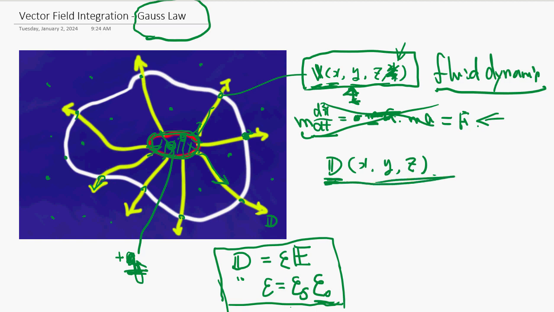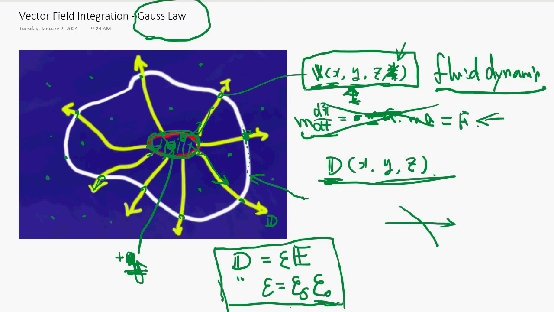Using this, what can we say? Suppose we take this enclosed area, right? And on this enclosed area, we check D on every point, and D may be crossing this way. This is the boundary.